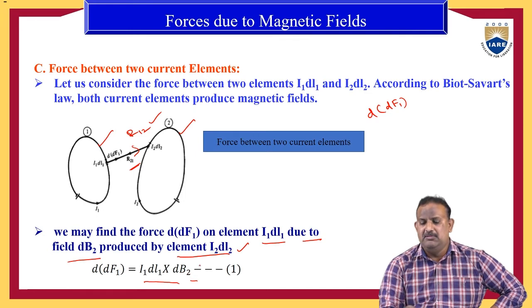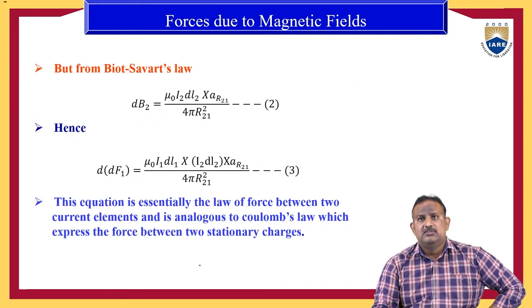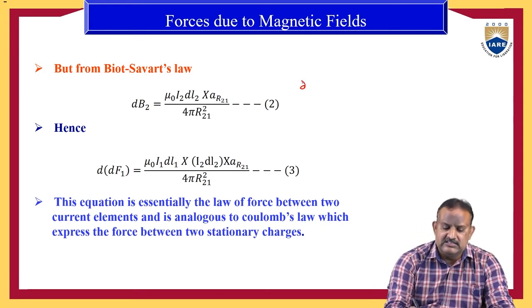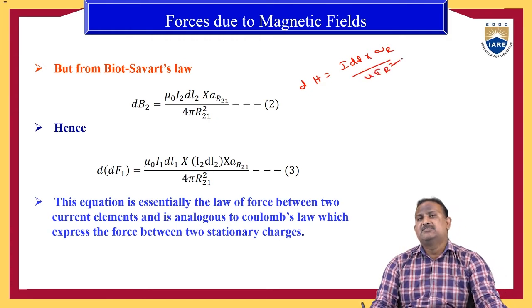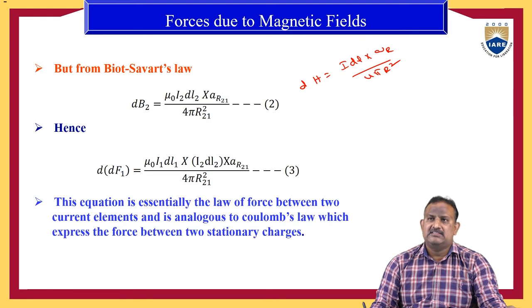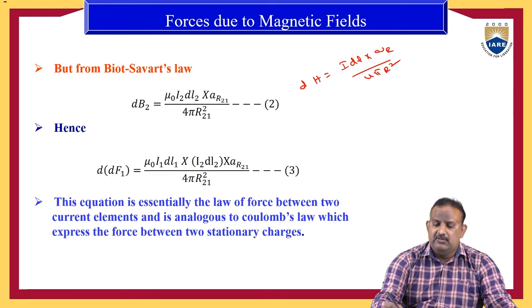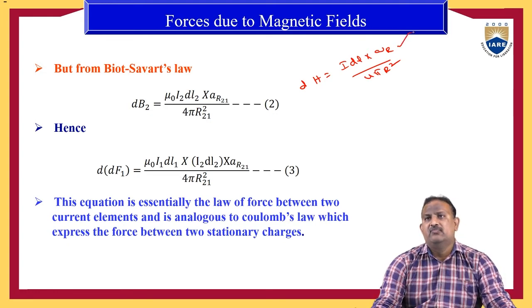Using the Biot-Savart's law, we already know that dH is equal to I dL cross aR by 4 pi R square, where aR is a unit vector.